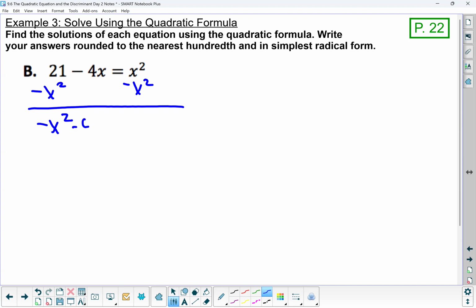So the minus 4x comes next, plus 21 equals 0. The other thing you could have done is added 4x to both sides and subtracted 21. The only difference, all of the signs would be changed. It would be plus x squared plus 4x minus 21. And either way works, and either way gives you the same answer.